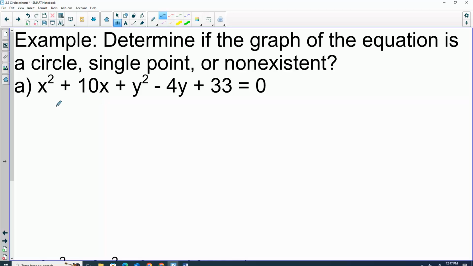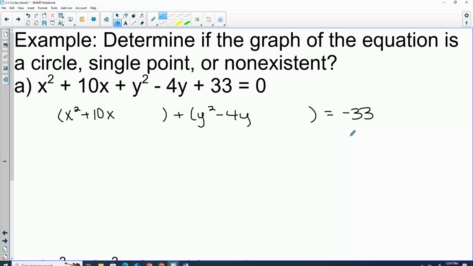So, if I were to try to get this back to center radius form, I'm going to put my x's together, leave a little space. I'm going to group my y's together, leave a little space, and I'm going to move my constant to the other side. Because in center radius form you have x minus h squared plus y minus k squared equals r squared. So you have a parenthesis with x, parenthesis with y equals the constant.